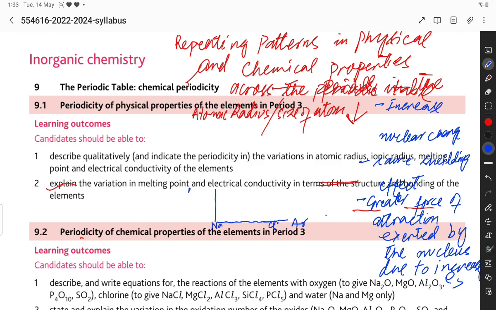So this is nanometer and variation of atomic radius. This is the graph, it looks like this, up to argon. So these are the reasons why atomic radius decreases across the period.